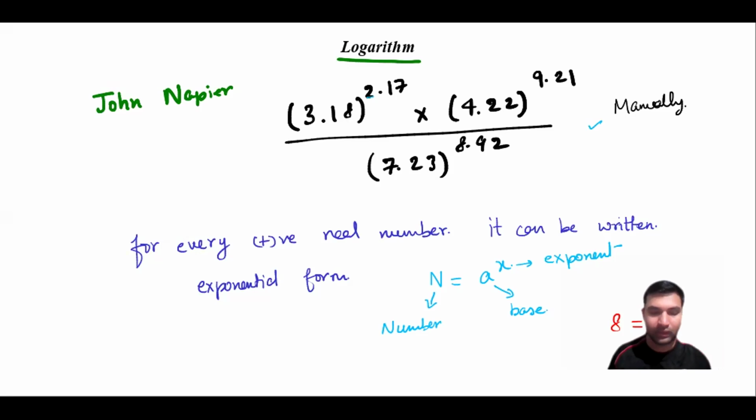Similarly, I can write this 8 to a different base, which is 4. How can I write 8 in terms of 4? I have to take the square root of it so that it becomes 2, and then cube it, isn't it? So 4 raised to the power 3 by 2, that means 4 raised to 3 halves, will eventually give me 8.